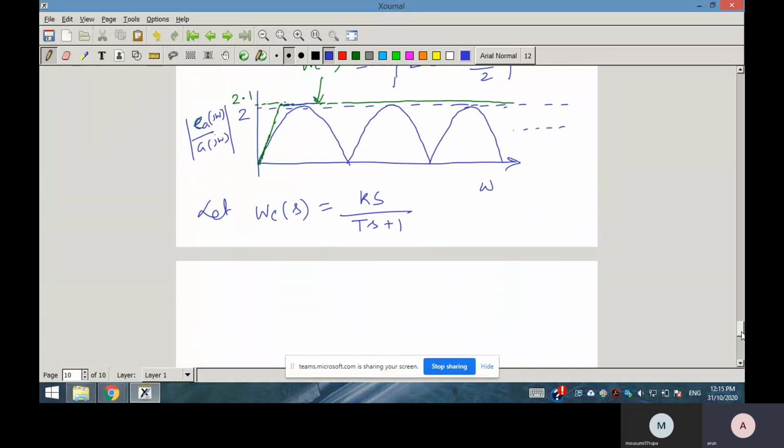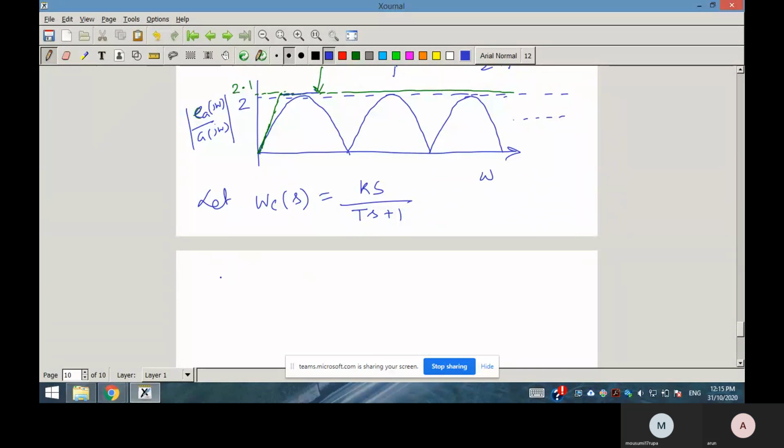If this is your high pass filter, then what is the steady state value of WCS? At S equal to 0 it is 0, and at S equal to infinity, W at infinity is equal to K by T. So K by T should be equal to 2.1. This means K should be equal to 2.1 into T.